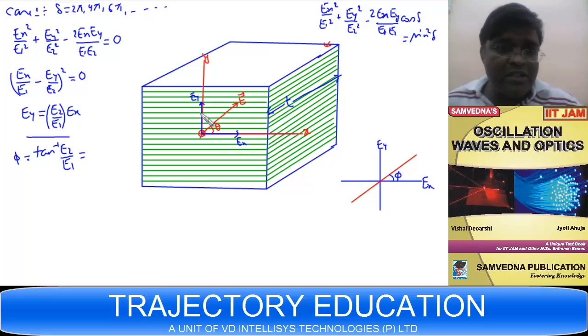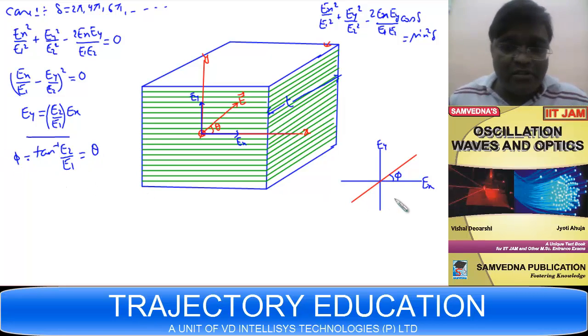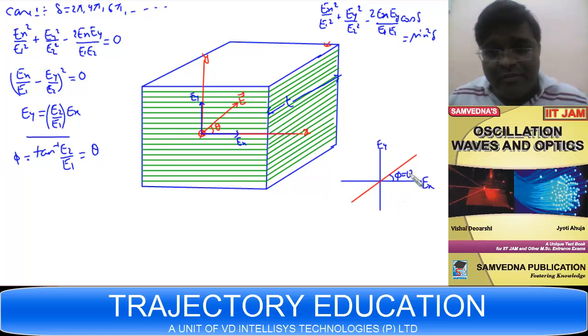E2 was E sin theta and E1 was E naught cos theta, so phi is theta itself. So the field vector of the resultant wave is vibrating making an angle theta with the principal section.